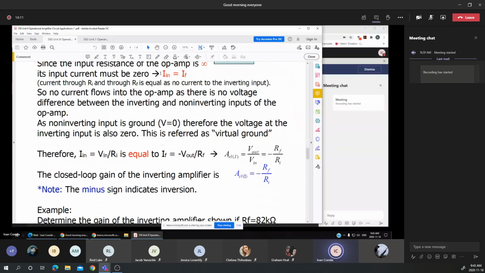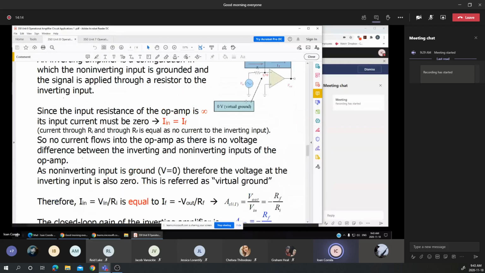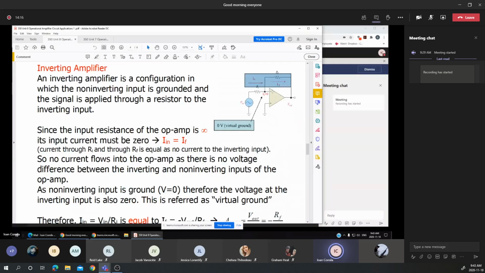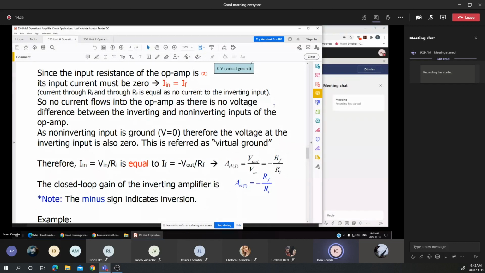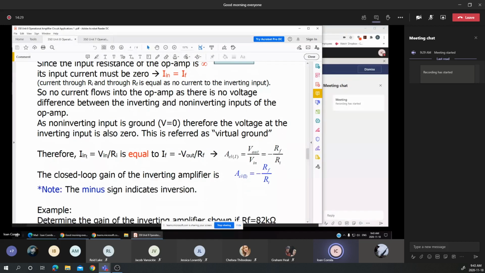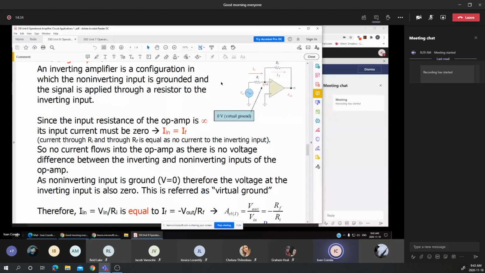Knowing that the two currents are the same, due to the very high input resistance or input impedance of the op-amp, we can define the input current, I-in, as the input voltage divided by the resistance Ri, because the node is at zero, the virtual ground or reference voltage.